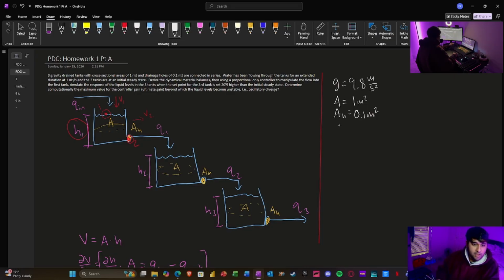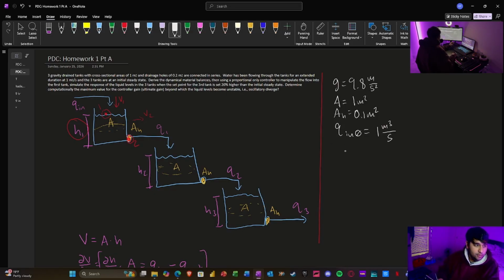And then we also know the inlet flow. However, I want to call this Qin naught because it is the initial at the start, rather than the Qin where we're deriving and looking at the rate of change. So this is going to be the initial value, which is stated in meters cubed per second.